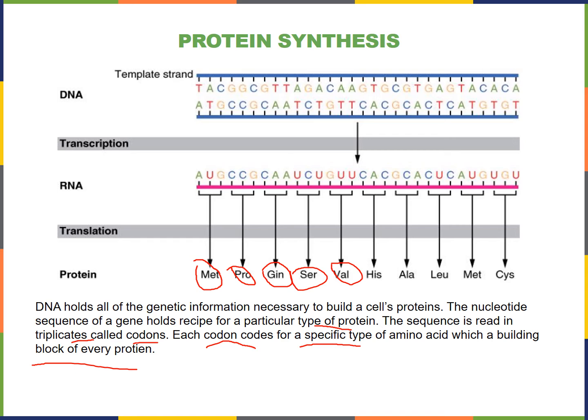But as you see here, this is a template, a double helix. So let's say I have 46 chromosomes, right? And for this protein, how to make this specific protein, the information is located on chromosome number 10, for example.